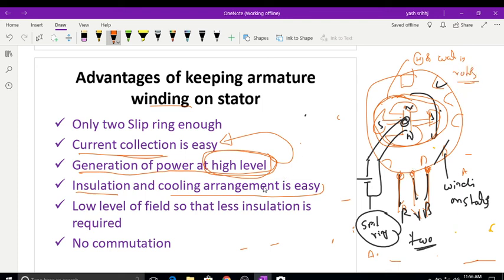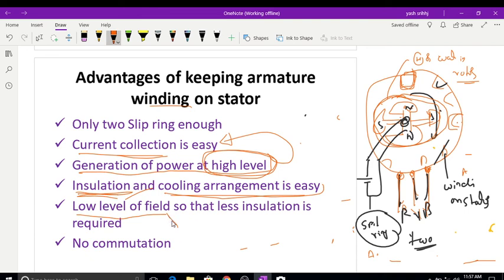That's why placing the cooling arrangement is difficult if you place the armature winding on the rotor. Insulation you can easily arrange, because the stator is a stationary part.